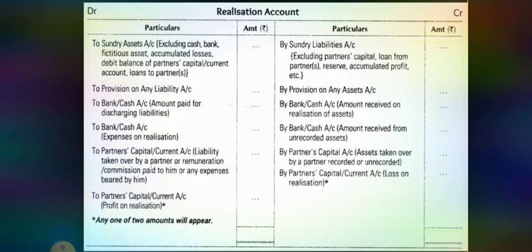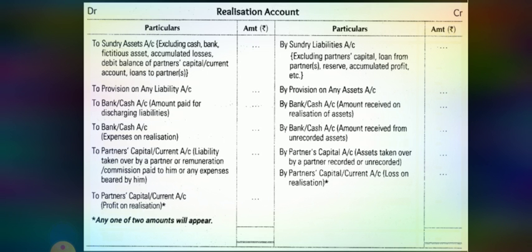So all the sundry assets from your previous balance sheet will be transferred here with the full amount, excluding cash, bank, fictitious assets, accumulated losses, debit balance of partners' capital or current account, and loans to partners. So these excluded items would be left out and the rest of the assets would be transferred here at the debit side from the previous balance sheet.